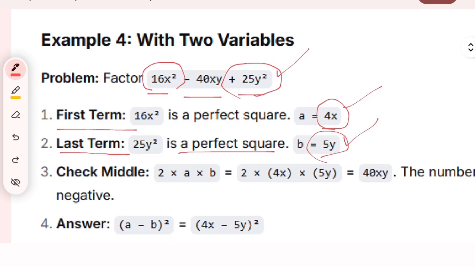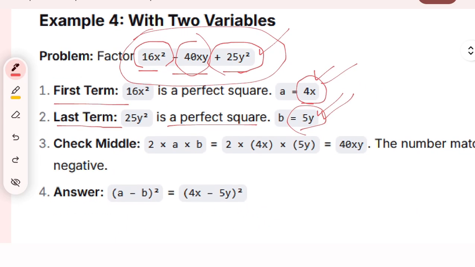Let's try it. 4x times 5y is 20xy. And you multiply it by 2. The answer is 40xy. And that is the middle term. Therefore, this trinomial is a perfect square trinomial. It satisfied the three conditions.